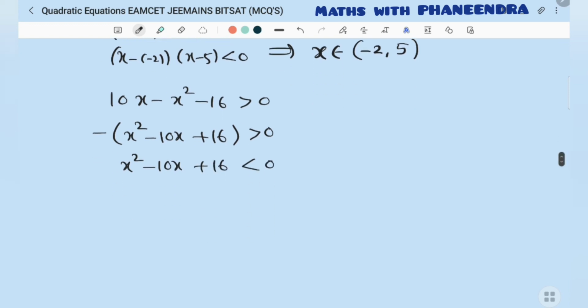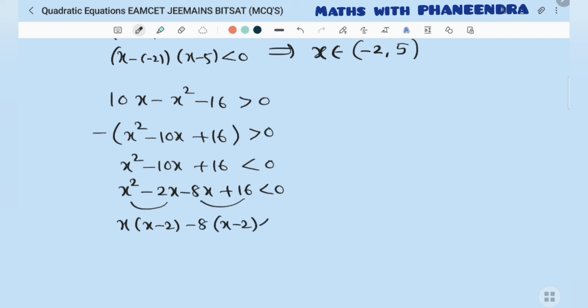For 16 the factorization is 8 and 2. x square minus 2x minus 8x plus 16 is less than 0. So x into x minus 2 minus 8 into x minus 2 is less than 0. So x minus 2 into x minus 8 is less than 0. That implies that x belongs to open interval of 2 comma 8.